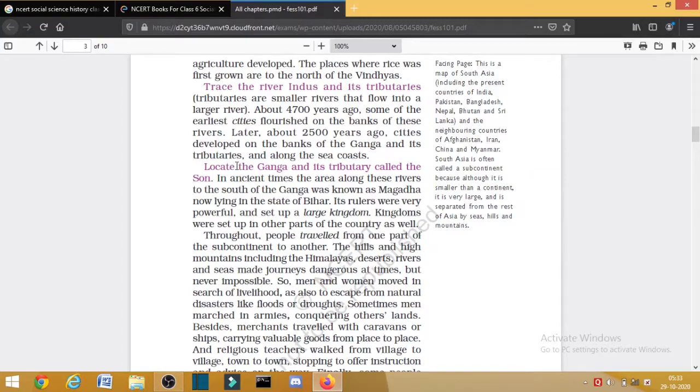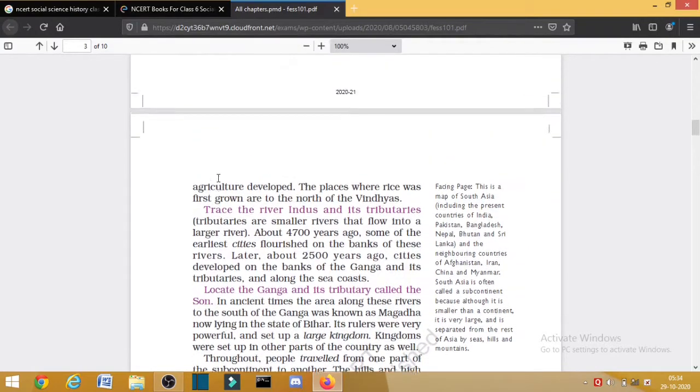Now let us see the next paragraph, children. Locate the Ganga and its tributary, the Son. The Son is one of the tributaries. So in the map of India, you have to locate or mark it. I will show you the Ganga and the Son River. See page number 2 again.